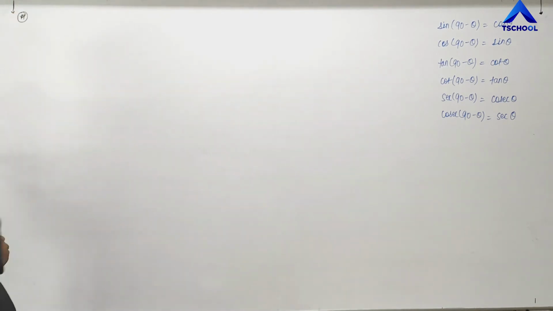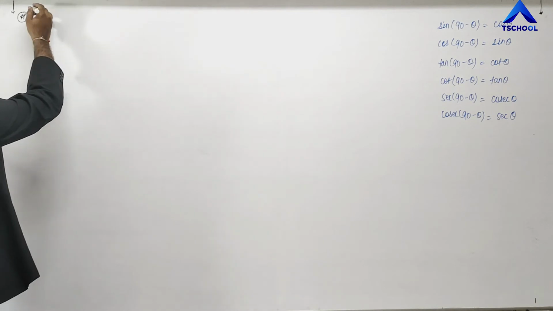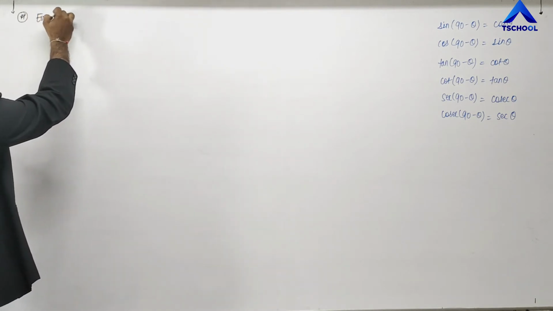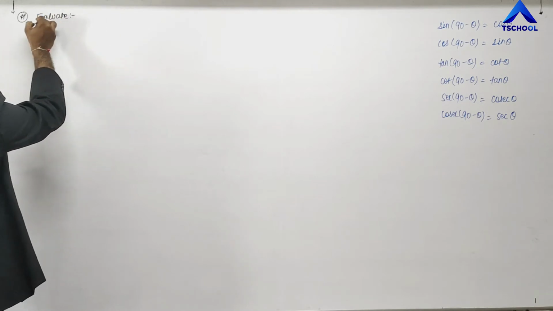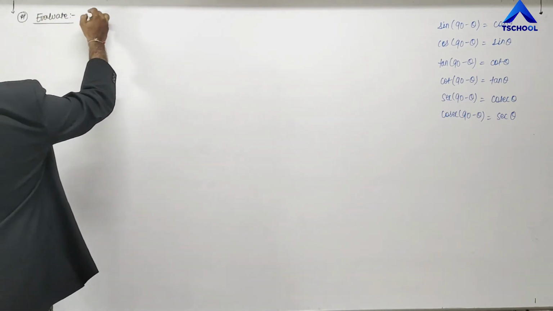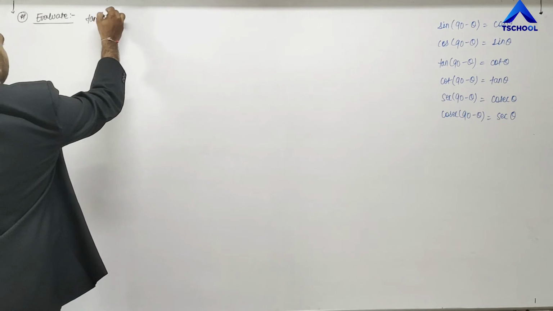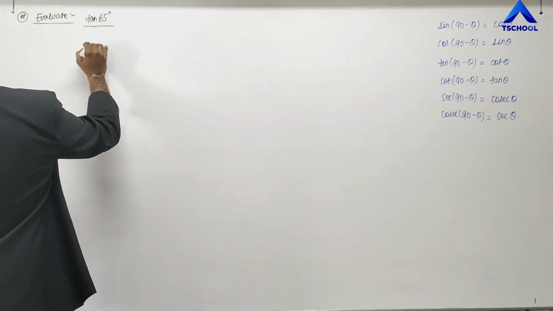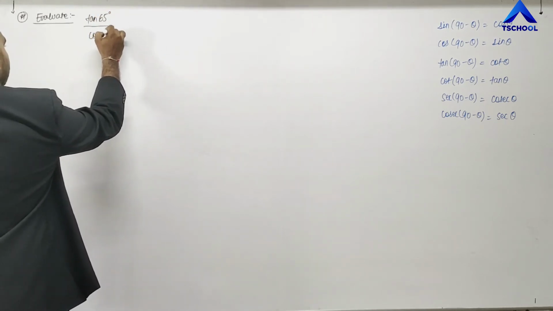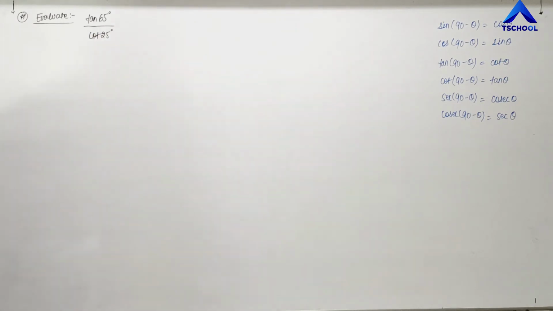Let us solve some examples. Let us take the first one: evaluate tan 65 degree divided by cot 25 degree. Right?